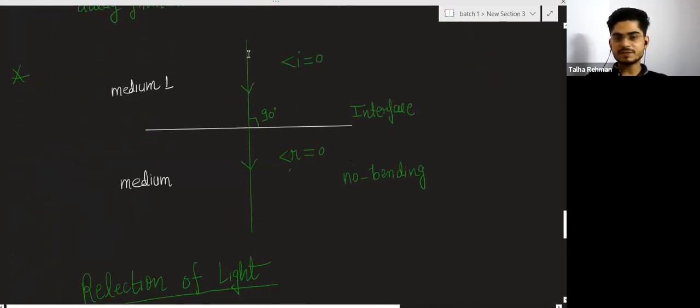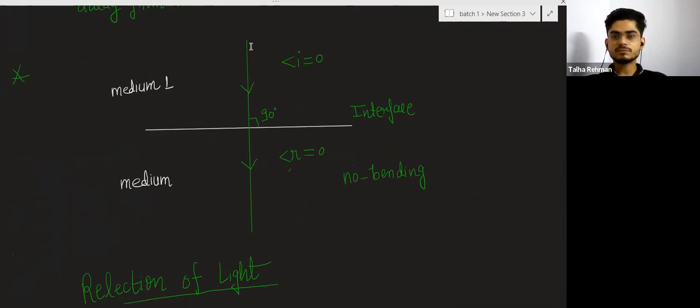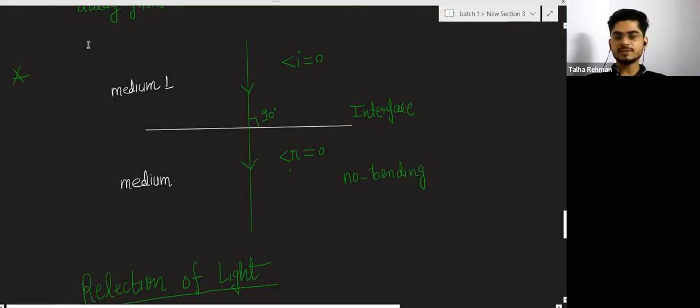And if the light ray is traveling making an angle of 90 degrees with the interface, then there will be no refraction.